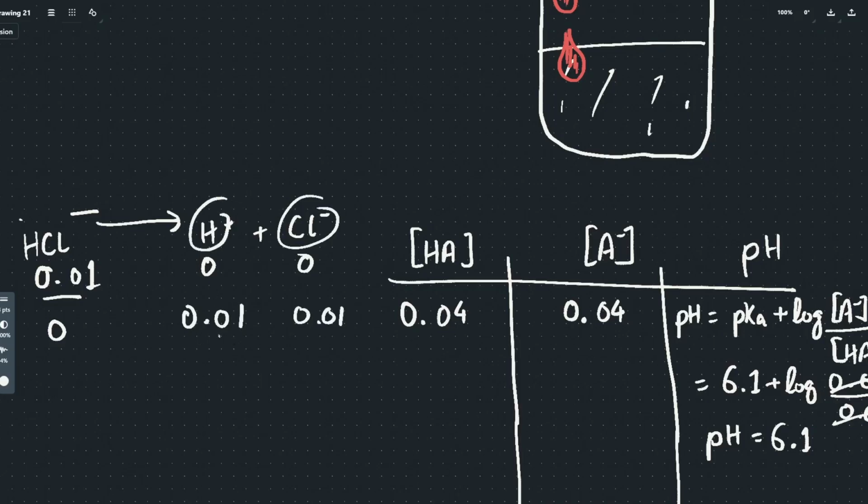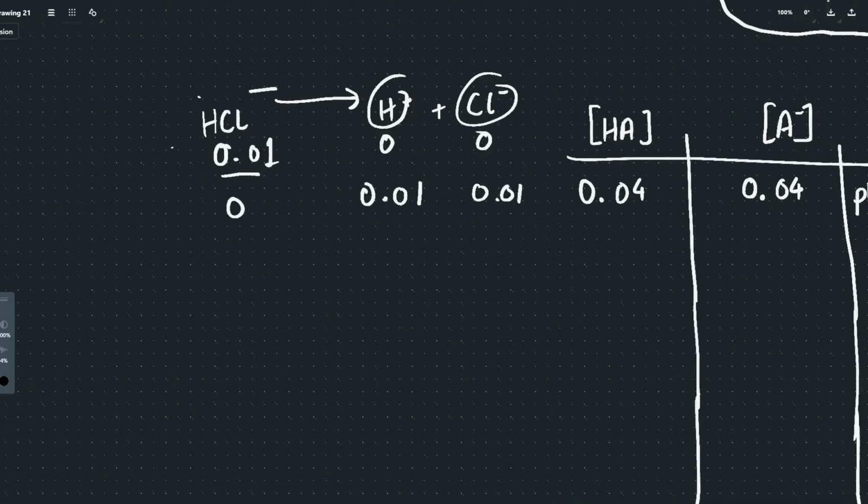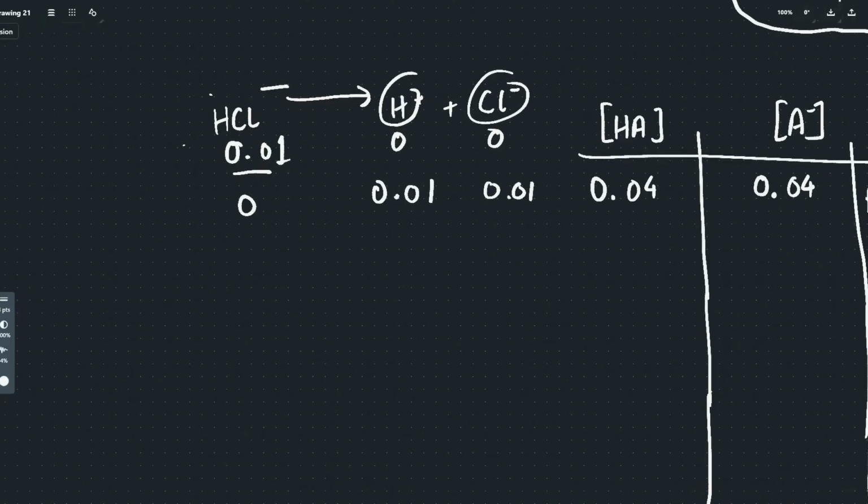Now this 0.01 unit of H positive might decrease the pH drastically, but fortunately we have this conjugate base in our buffer solution. So what will this conjugate base do?